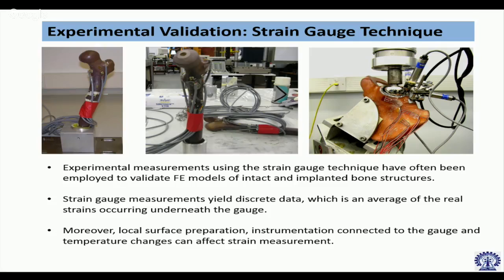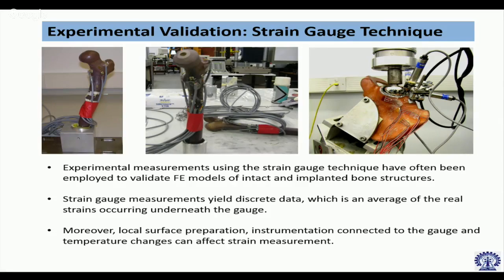However, the strain gauge, as you know, yields discrete data, and it is an average of the real strain. It's an average value of the real strains occurring underneath the gauge.